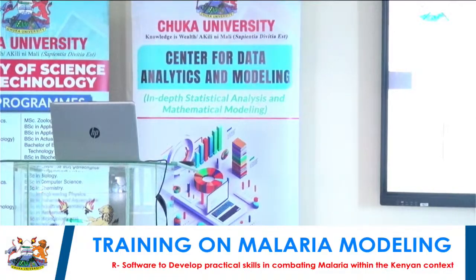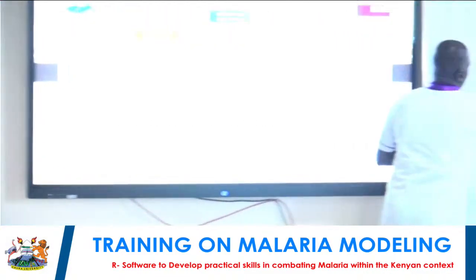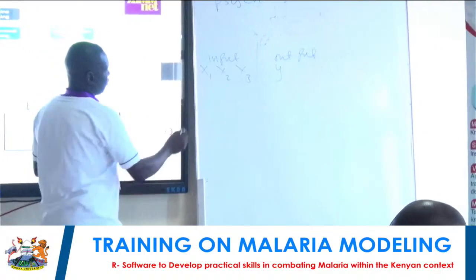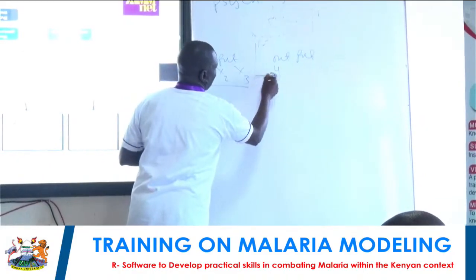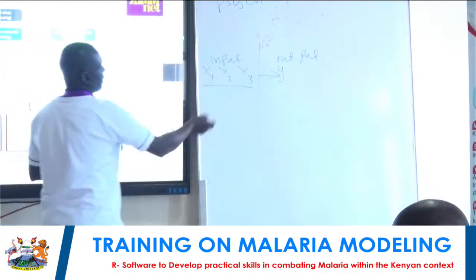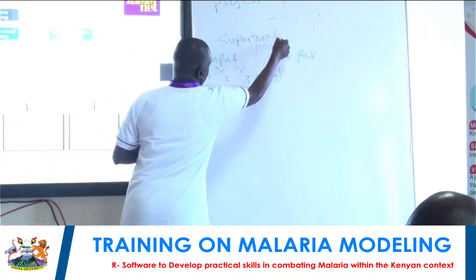So we could have data x1, x2, up to x3, and the output is y. All these independent variables are tied to a specific output. If we have this kind of data, we have what we call supervised learning.